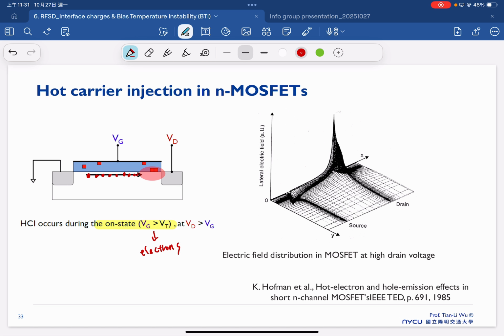And at the meantime, this also happens in the condition where our drain bias is pretty high, and therefore, because of the high electric field, you can see this is a simulated electric field profile, and this is the region for the source and drain here, and the peak electric field is close to the drain region. So in the drain region, we have this very high peak E field.